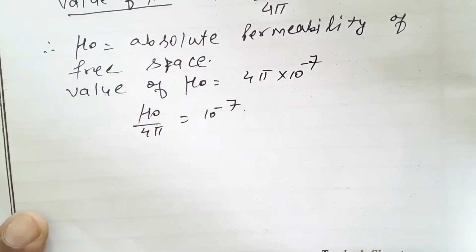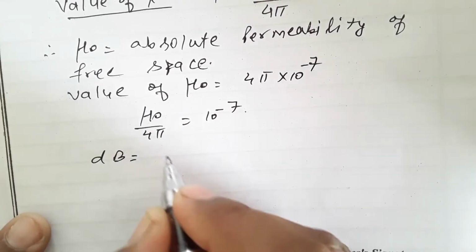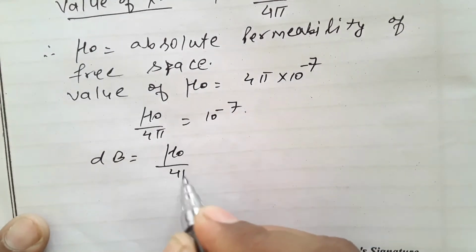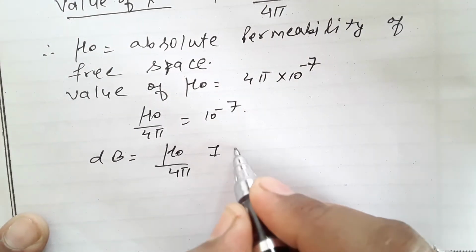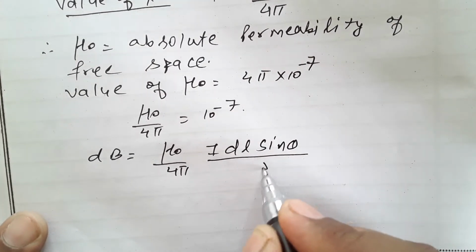So now we can write Biot-Savart's law as dB is equal to k I dl sin theta upon r square, where the value of k is mu naught upon 4 pi. So dB is equal to mu naught upon 4 pi into I into dl into sin theta upon r square.